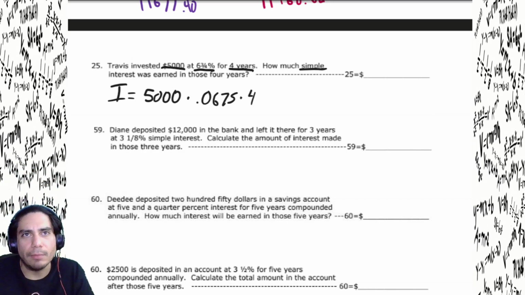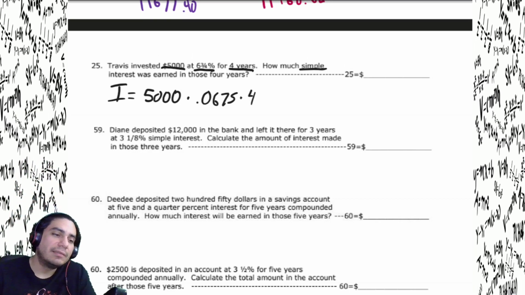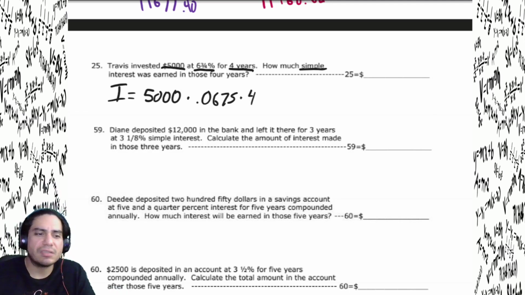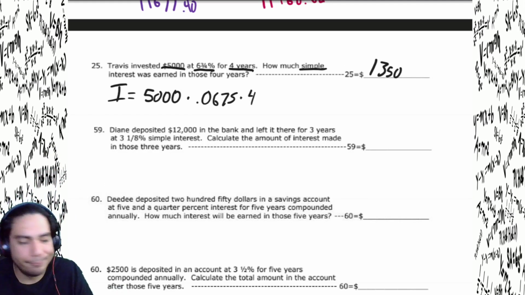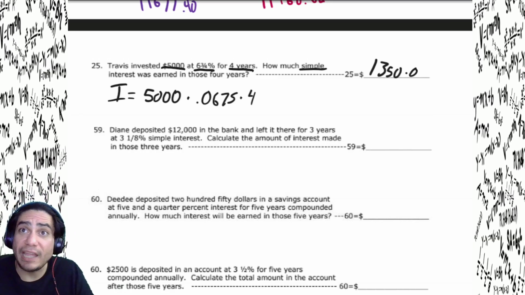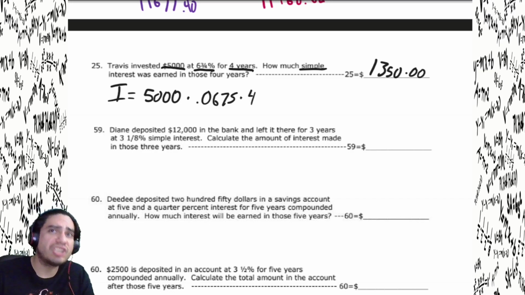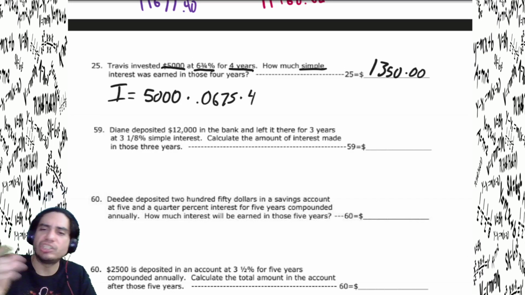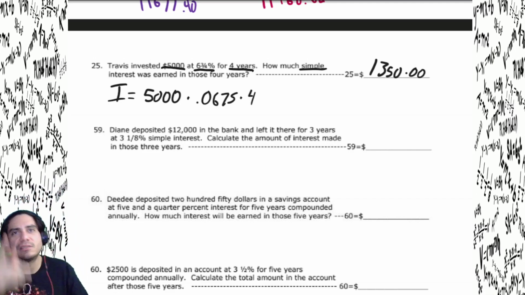Remember these easy problems, because they're all over the place. We just made $1,350.00. You better put that .00. If you don't put that .00, you just got it wrong. I'm telling you, dollar sign, dollars and cents. Put them all the time. Get them right. Let's get it popping.